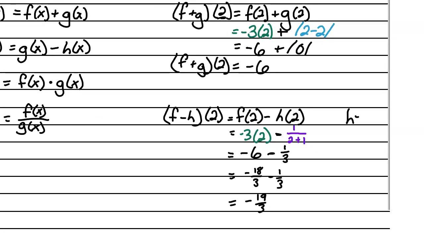If I have h minus f of 2, I would end up with 1/3 minus a negative 6, which would give me 1/3 plus 6. So instead of negative 19 thirds, I would end up with a positive 19 thirds. You'll notice it does make a difference which one is in front and which one is second.